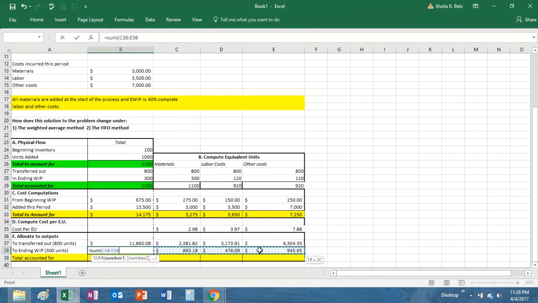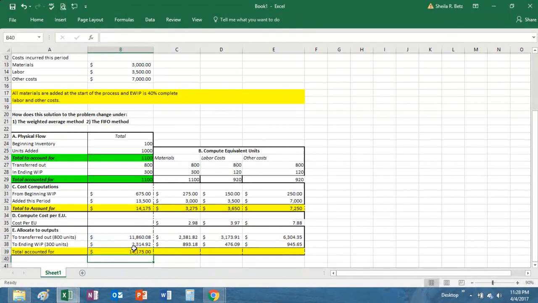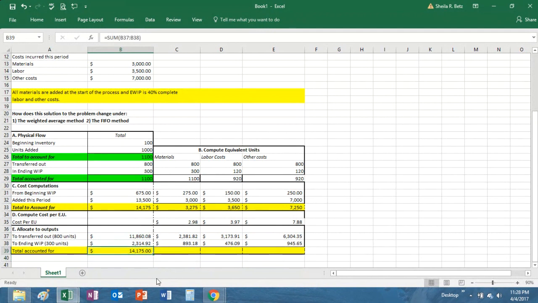So if I sum these up, the amount of money I have in ending inventory is $2,314.92. And if I want to check my work, the sum of this should come to $14,175, which is the total up here.